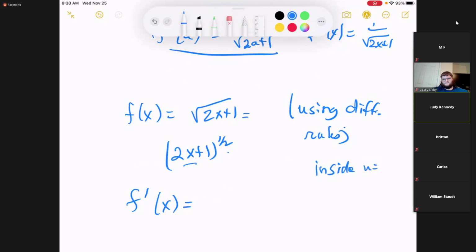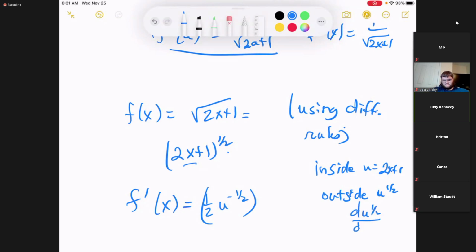I have to use chain rule here. Inside function is 2x plus 1, call that u. Outside, u to the 1/2. So the derivative is 1/2 u to the minus 1/2. So f prime of u, okay, that is that.